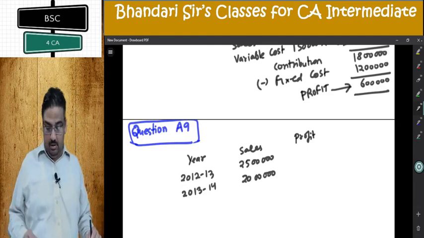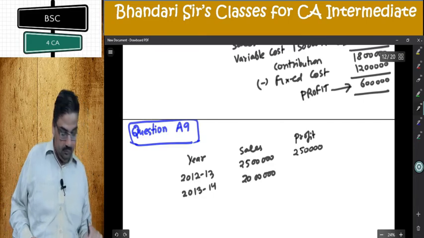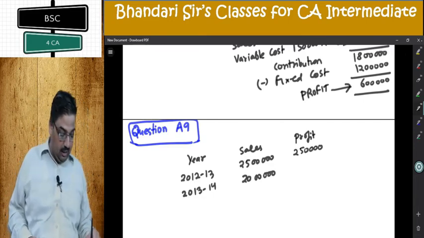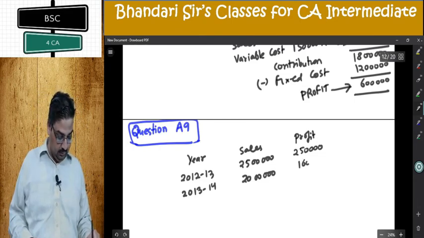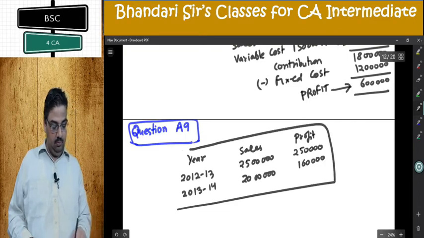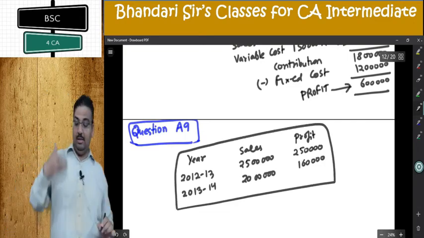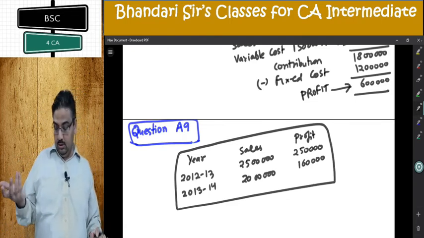On sale it is given 10% of sale, 2,50,000. 8% of sale, 8% of 20 lakh, 1,60,000. This is given. It makes the question like the earlier questions. You are given profits and sale for 2 years.